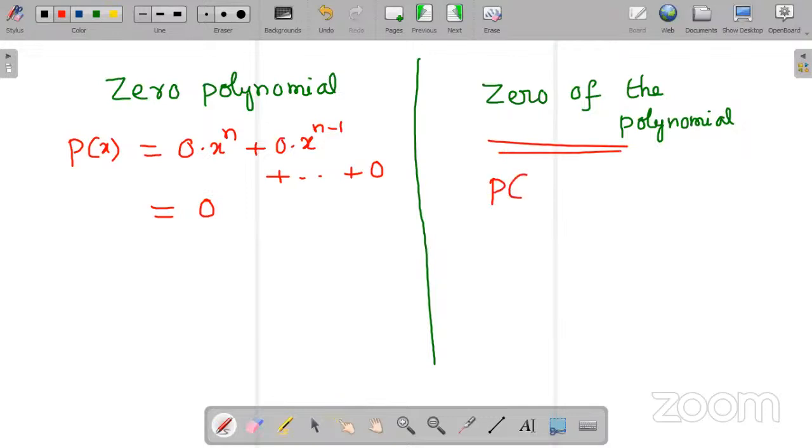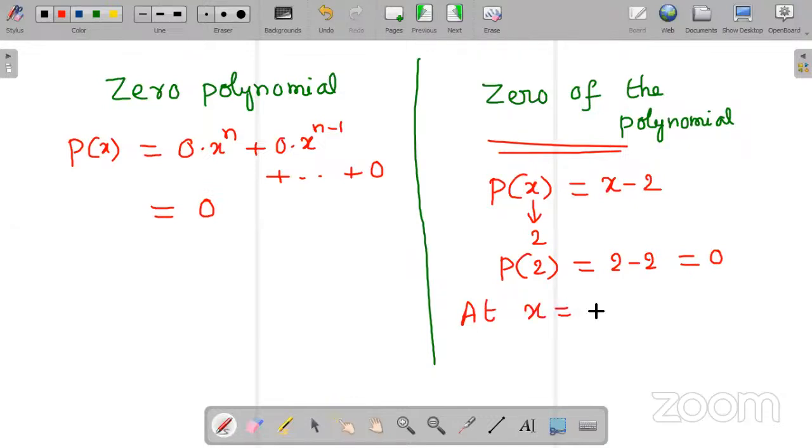What is the zero of the polynomial? For example, you take P of x is equal to x minus 2. So in the place of x, put 2, P of 2. If you put P of 2, what do you get? 2 minus 2 is equal to 0. That means at x is equal to 2, the value of P of x is 0.